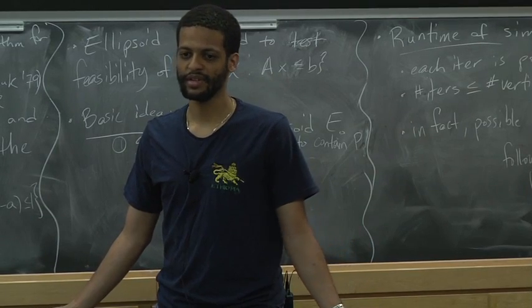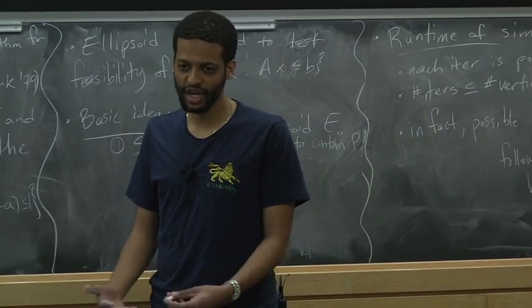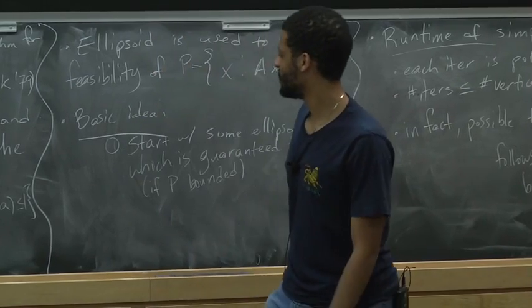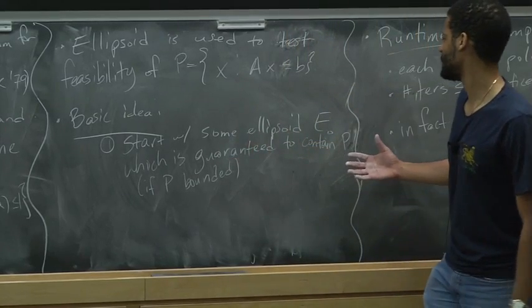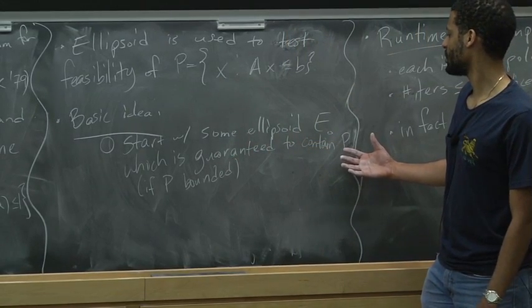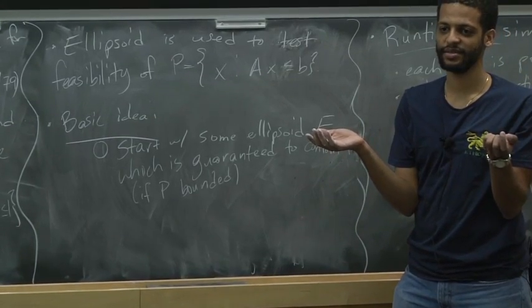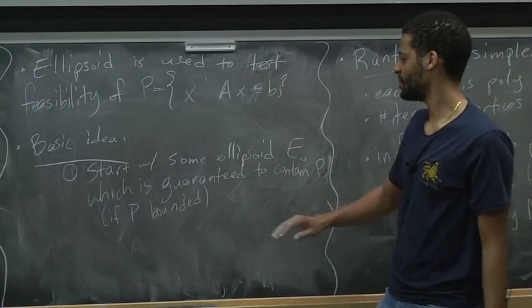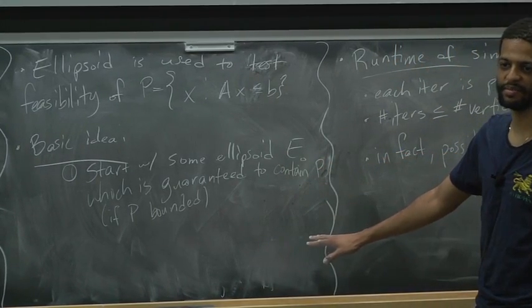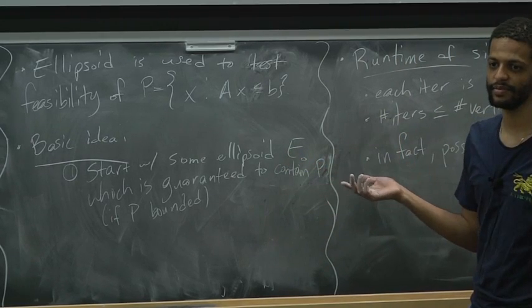So by that kind of bit complexity analysis, you automatically know that P has to be contained in a ball of a certain size, if it's bounded. So getting this initial E0 is not that hard. It's just a sphere of the appropriate radius.